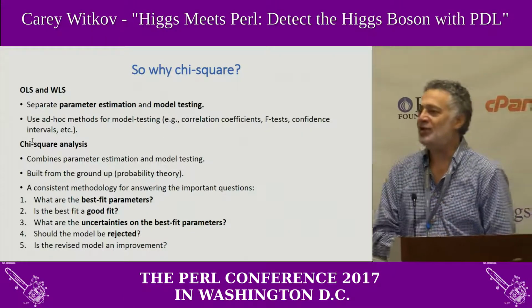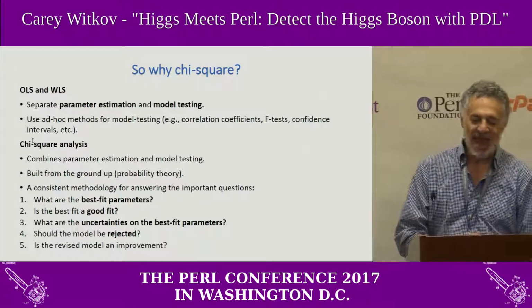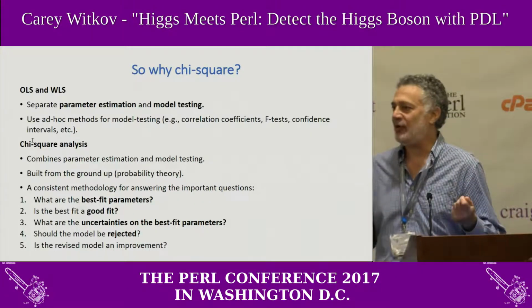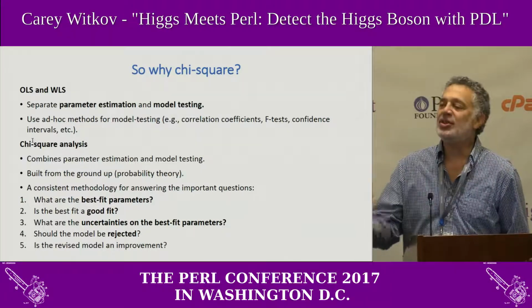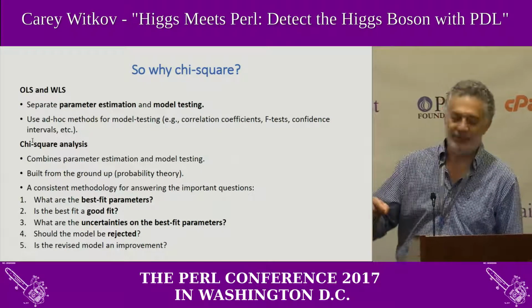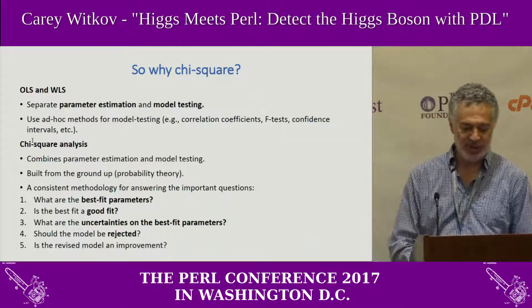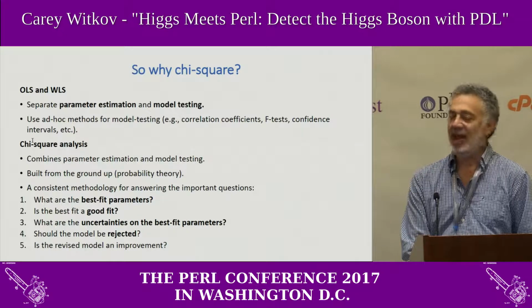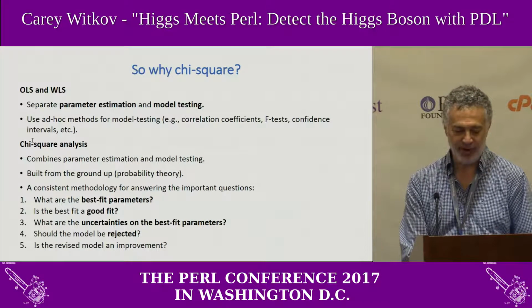It's built from the ground up, terra firma, probability theory, which we'll show, and it's a consistent methodology for answering the important questions we ask of data. What are the best fit parameters? Is the best fit a good fit? What are the uncertainties in the best fit parameters? Should we reject the model? And what about a revised model? Does that represent an improvement?